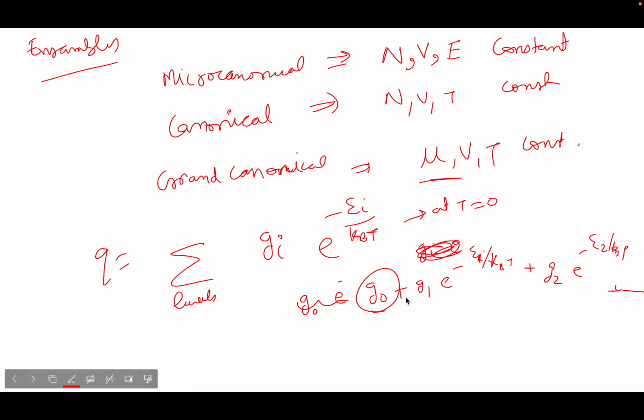So this part remains and all the other parts will be 0. So Q is equal to g naught, the degeneracy of the ground state.